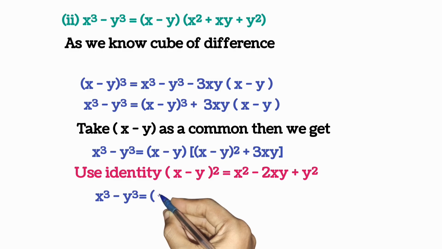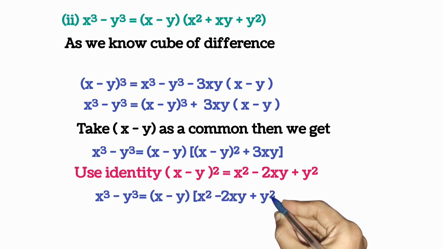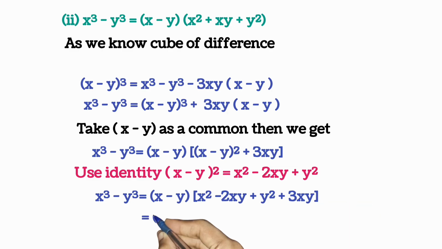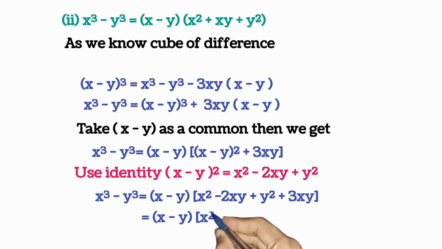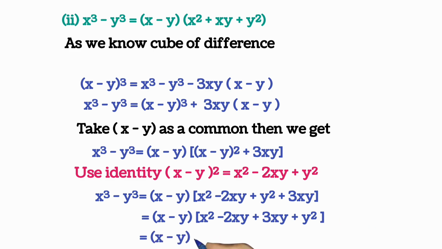Then x cube minus y cube equals x minus y into x square minus 2xy plus y square plus 3xy. Then x minus y into x square minus 2xy plus 3xy plus y square. Now minus 2xy plus 3xy equals plus xy, then plus y square.